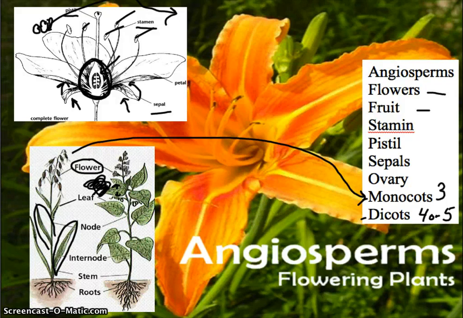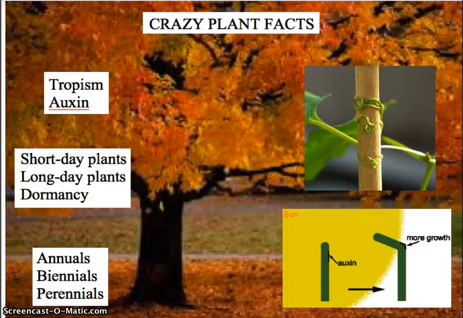Now let's go to some crazy plant facts, which happen to be in the book, while we're doing these. A plant's response to stimulus is called tropism, and there are lots of different tropisms. The stimulus could be the sun. You know how plants often lean toward the sun.